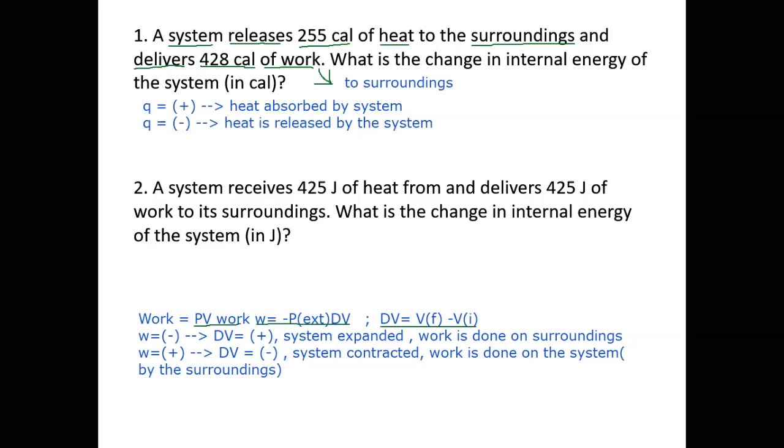When work is negative, delta V is positive, the system expanded, and work is done on the surroundings. When work is positive, delta V has to be negative, the system contracted, and work is done on the system, or by the surroundings.